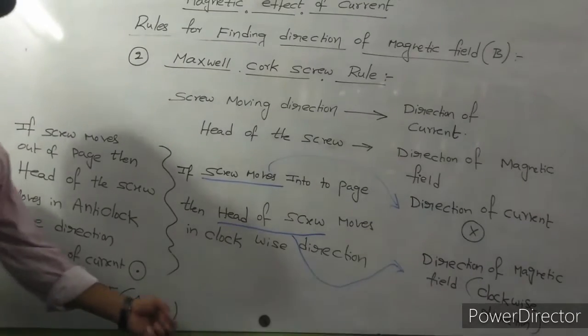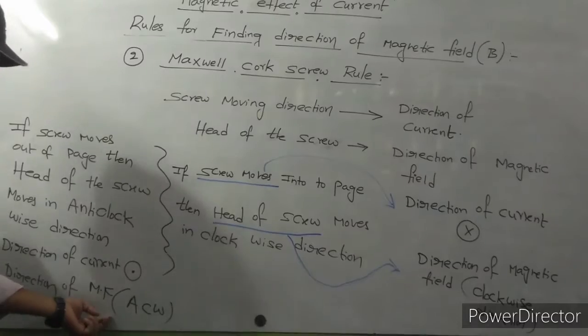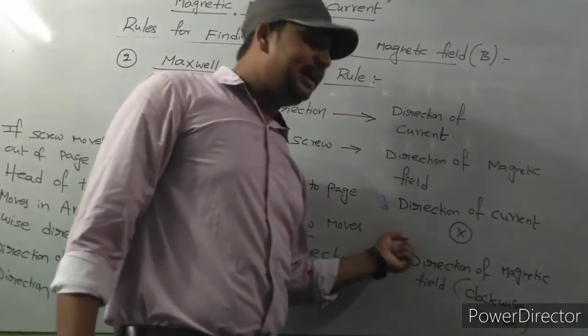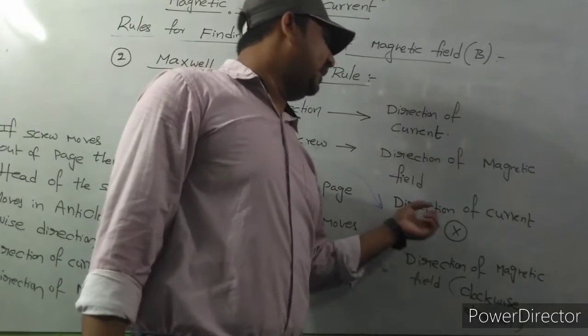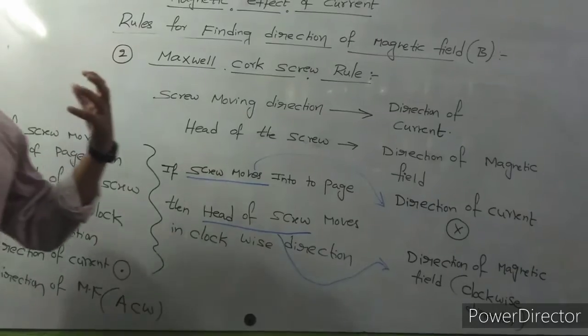ACW means anti-clockwise direction. If the direction of magnetic field is anti-clockwise, then the direction of current is out of the page. If the direction of magnetic field is clockwise direction, then the direction of current is into the page. So this is about Maxwell's corkscrew rule.